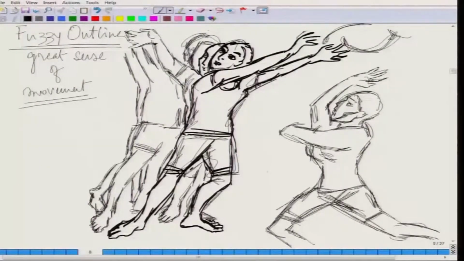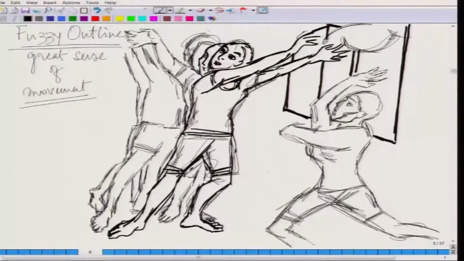Like for example, if we add some architectural structure at the background of this drawing, it will become even more movable. So, an active foreground with a static background may create order.